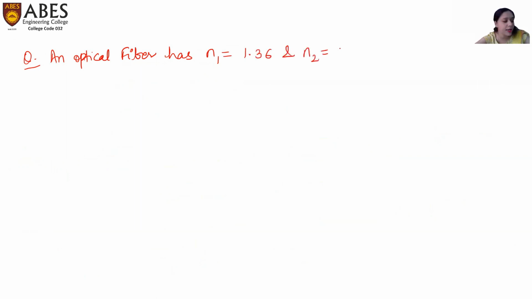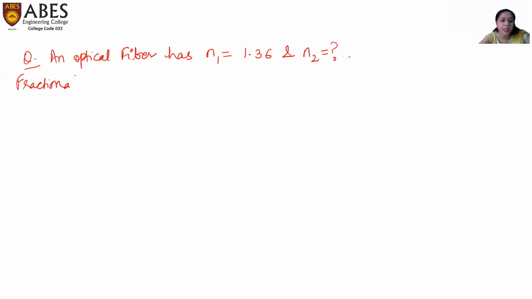Now coming to the third question, let's see what we have to calculate. An optical fiber has N1, that is core refractive index, which is 1.36. N2, which is cladding refractive index, is not given to you, so we don't have to bother with it. What else is given? Yes, in this case, the fractional refractive index is given.